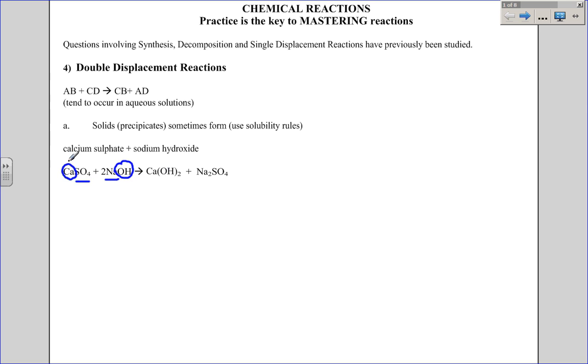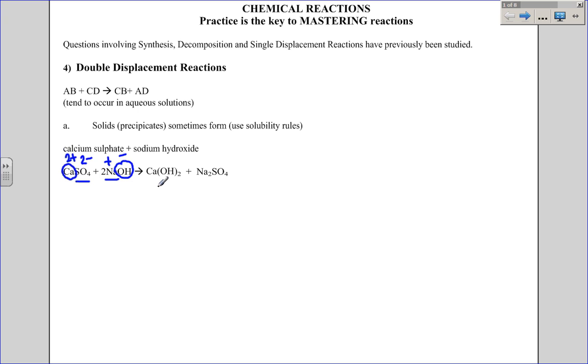The charge on the calcium is 2+, and the charge on the hydroxide is -1, so therefore the formula of the calcium hydroxide that's produced is Ca(OH)2. The sodium sulfate that is produced here is Na2SO4 because the charge on the sodium is +1 and the charge on the sulfate is -2.